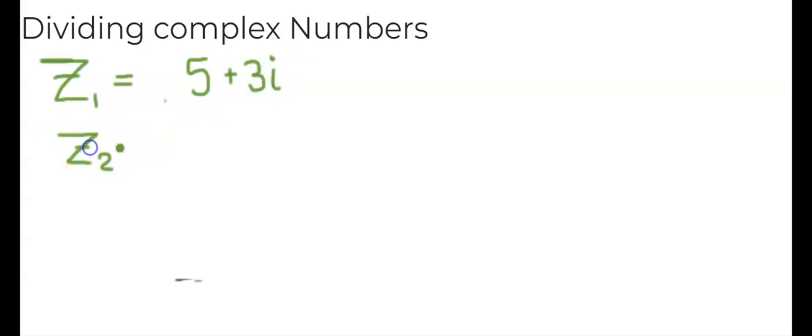We did that one. Let's say we got two complex numbers and we want to divide these complex numbers and find an answer. So the question is, I have a complex number z1 given by 5 plus 3i, and there's a complex number z2 which is given by 2 plus 6i.